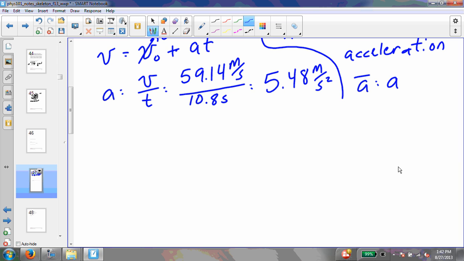All right, that's our acceleration found in that way. Now, let's also try to find our x.